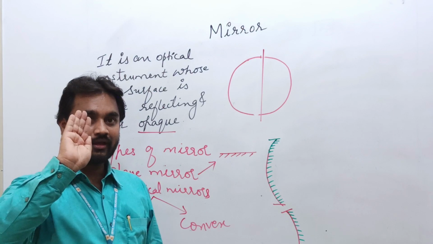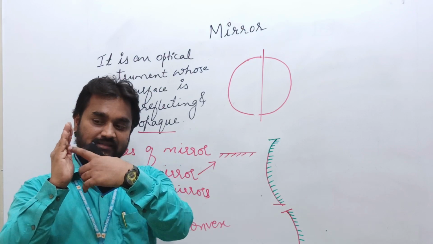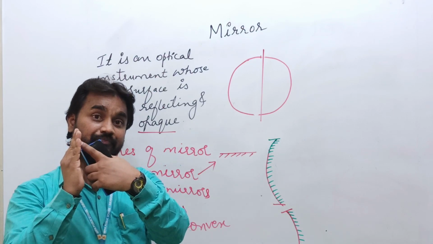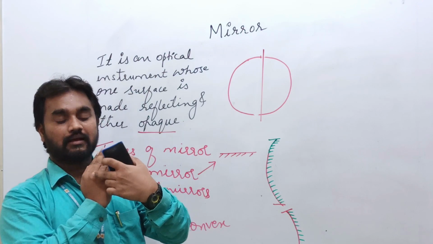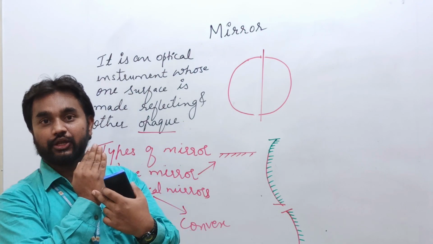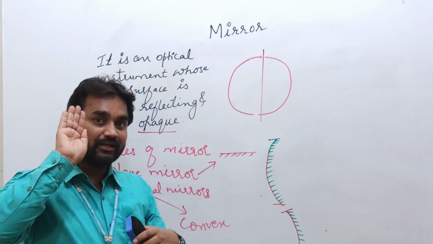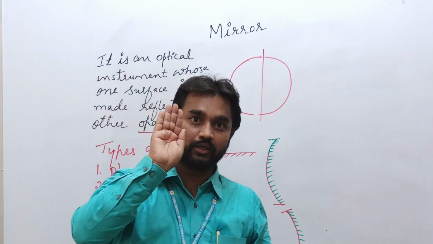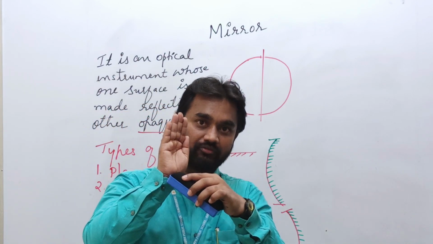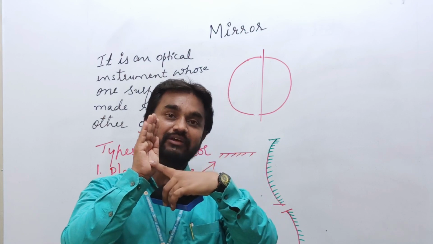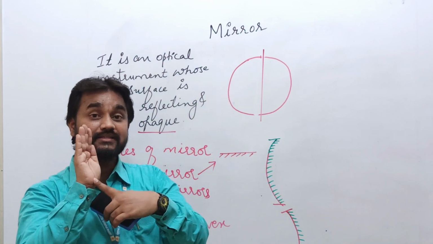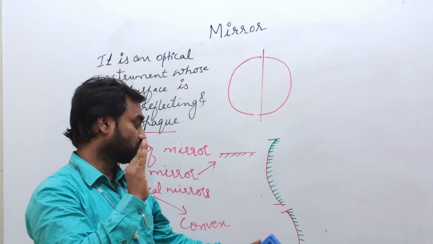This is the reflecting surface and the back acts as non-reflecting. This is curved inwards, so the reflecting surface which is curved inwards is called a concave mirror.